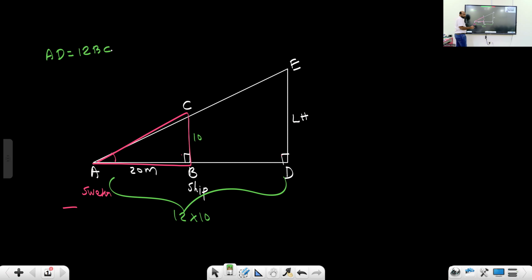Why 12 times BC? The AD means this distance. That is 12 times the height of the ship. So 12 times BC. BC how much did we get? 10. So AD equal to how much? 12 into 10. How much meter? 120 meter. This is not the question. AD is 120 meter. Then find the ratio between the height of the ship and the lighthouse.